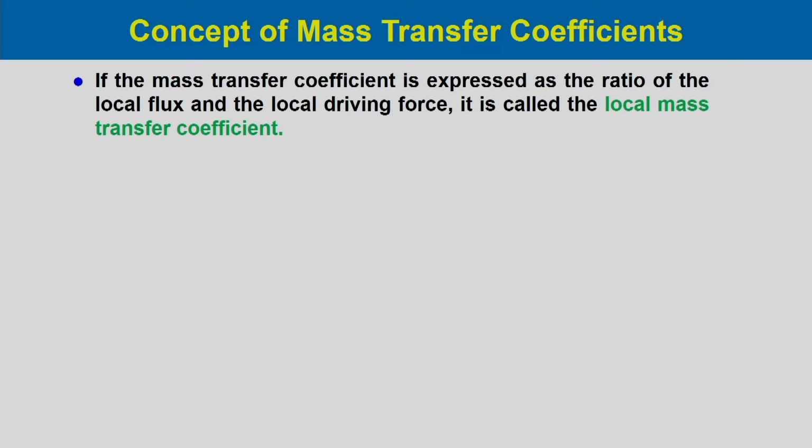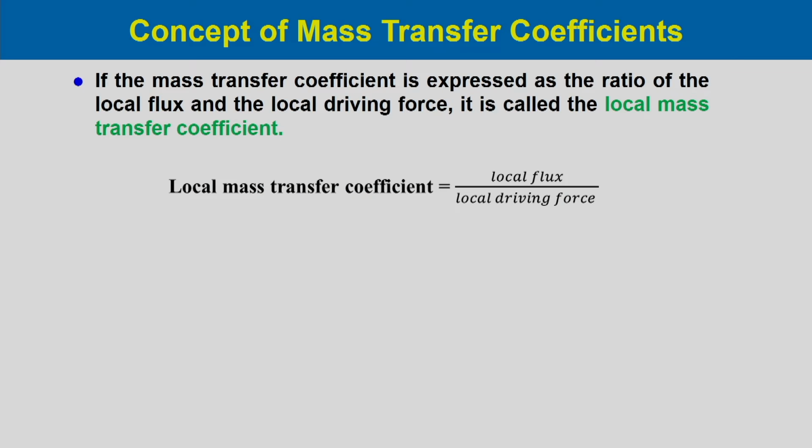Now, if the mass transfer coefficient is expressed as the ratio of the local flux and the local driving force, then it is called the local mass transfer coefficient. So, the local mass transfer coefficient is the local flux divided by the local driving force.